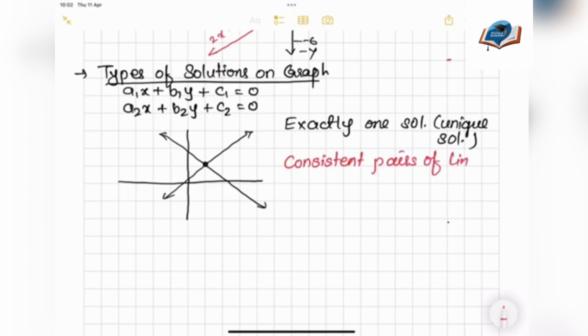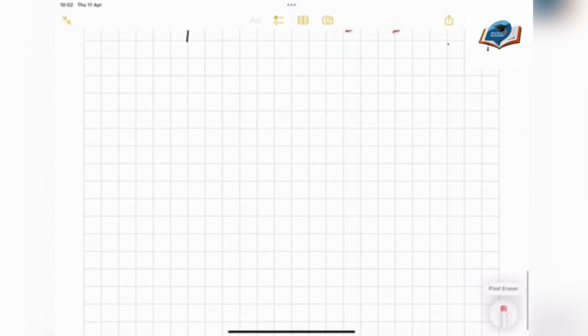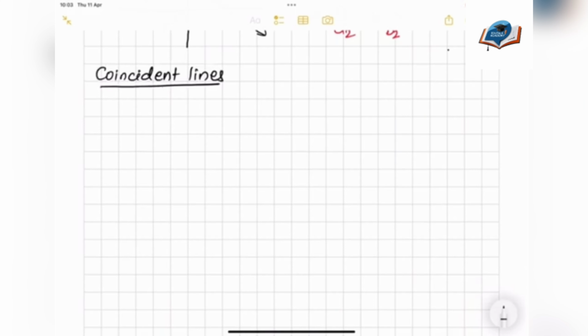This type of lines are called consistent lines, or a consistent pair of linear equations. This is only possible when a1/a2 is not equal to b1/b2. So at that time only they both will meet.